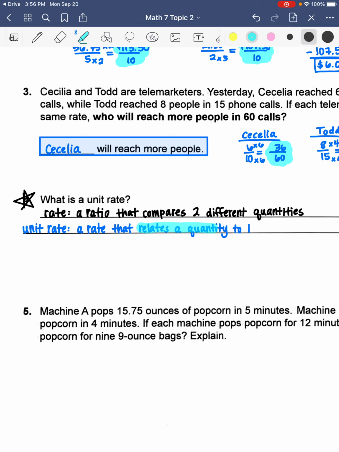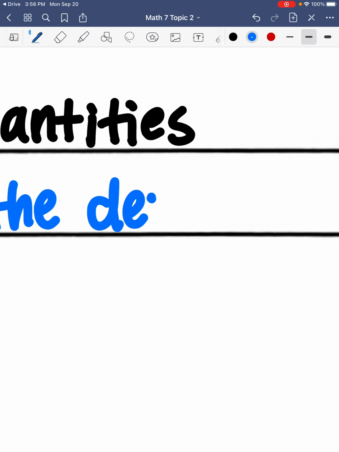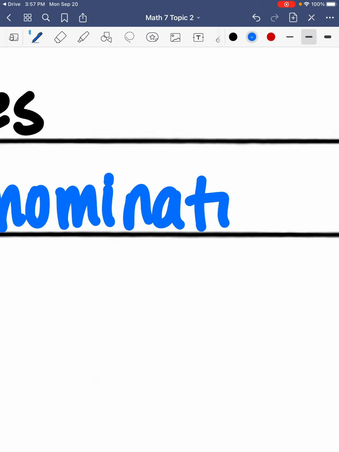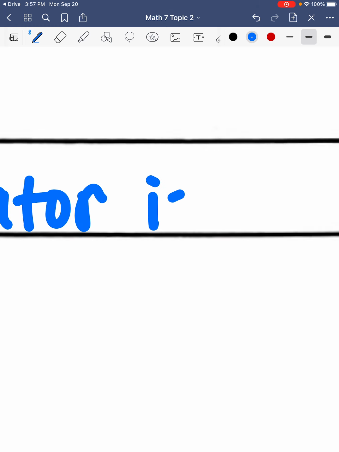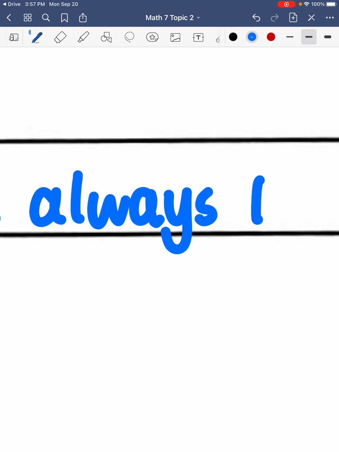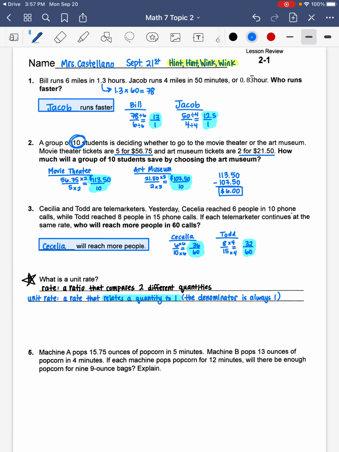And this is important right there. Because remember, we talked yesterday about how the denominator is always 1. So in a unit rate, the denominator is always 1 because that rate relates a quantity back to 1.